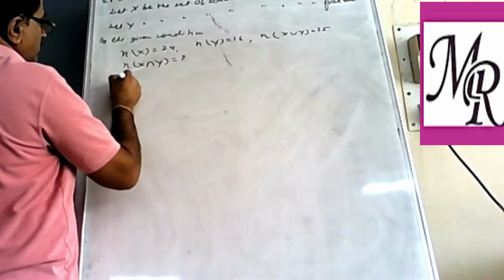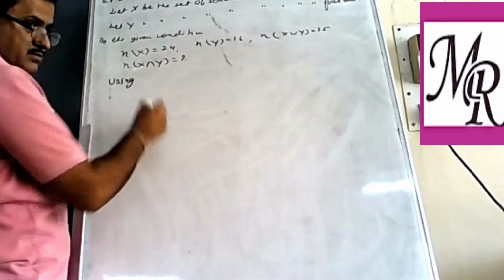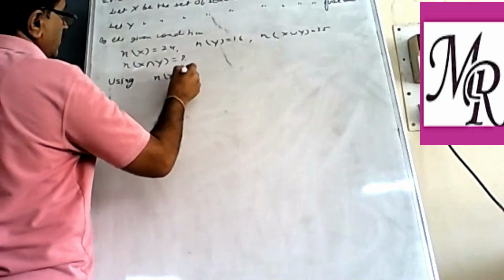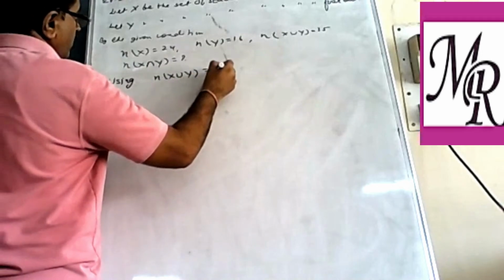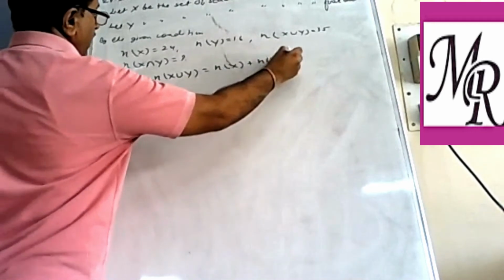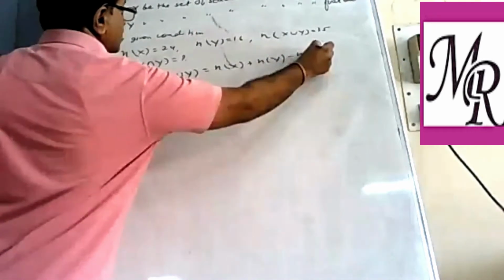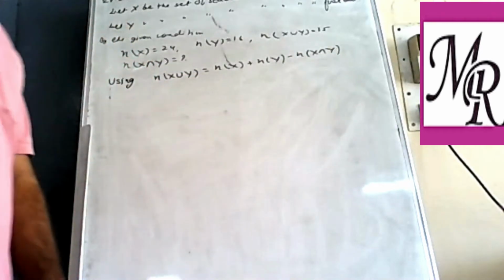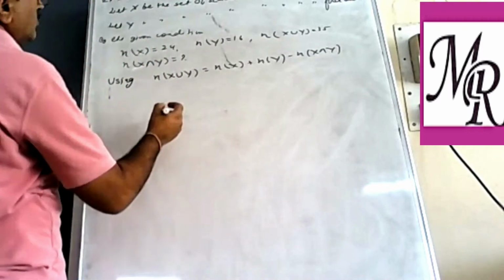So using the formula, number of elements in X union Y is equal to number of elements in X plus number of elements in Y minus X intersection Y. We have already seen this formula yesterday. Now put the values.